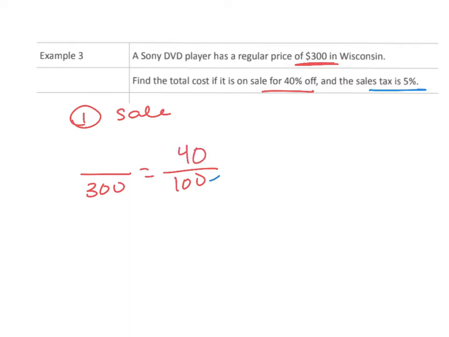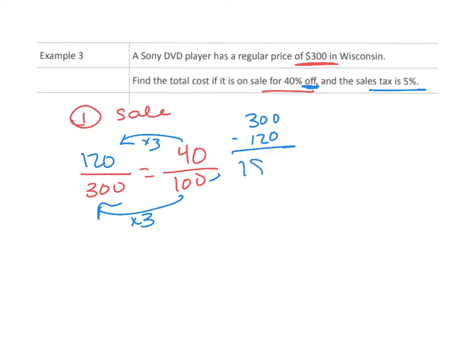So let's do it this way. Times 3. 100 times 3 is 300. So 40 times 3 is 120. So 300, and this is 40% off, minus 120. That gives me 180. There's the sale price.